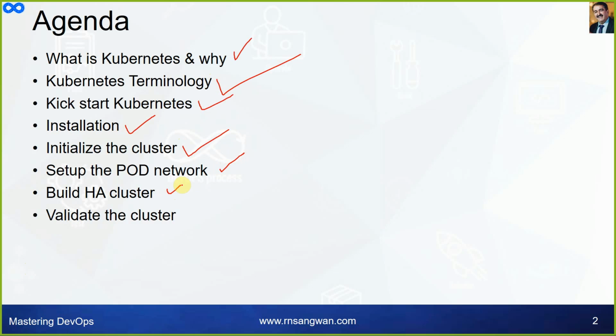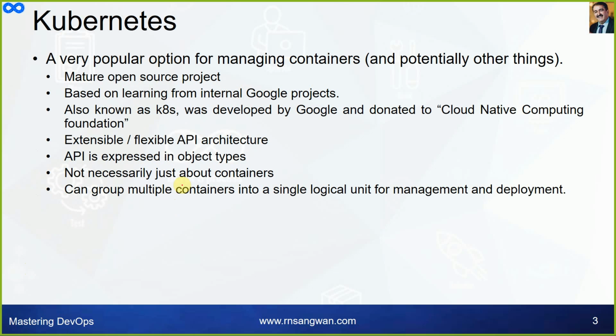That's the agenda. Kubernetes is a very popular option for managing containers and potentially other things. It's a mature open source project. It's based on learning from internal Google projects, also known as K8s. It was developed by Google and donated to the Cloud Native Computing Foundation.